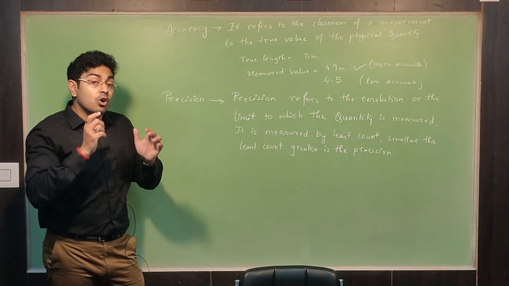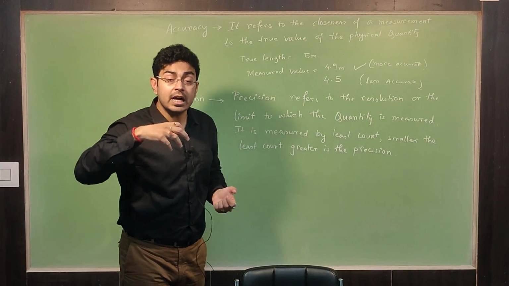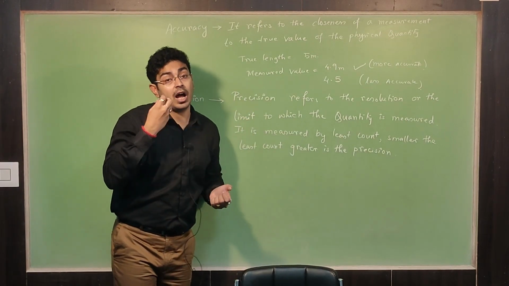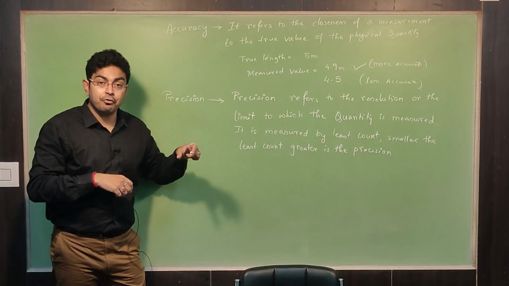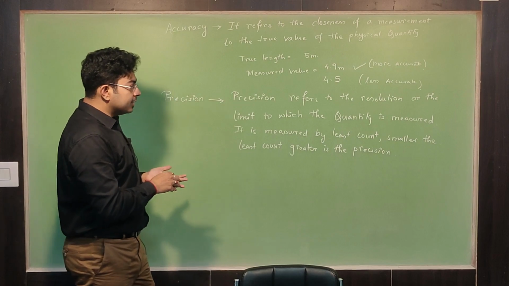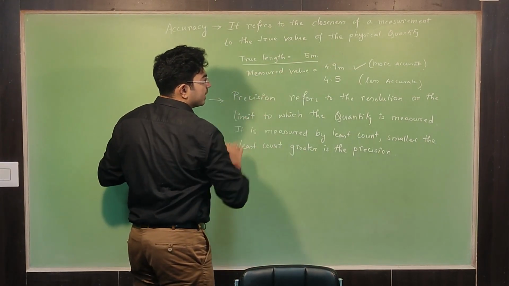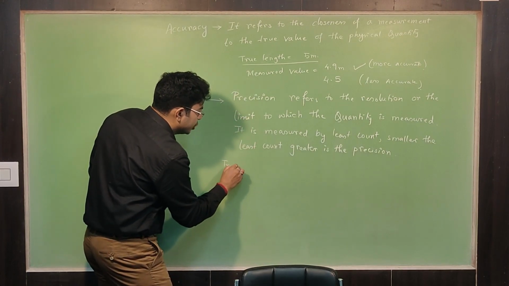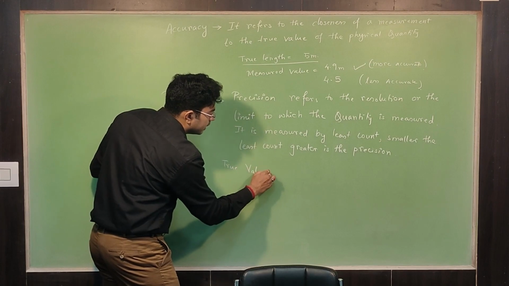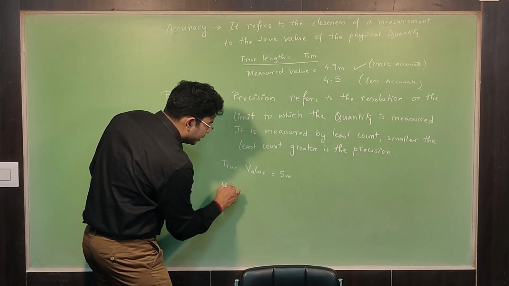That means how much precise the value is. After the decimal point, how many digits or how many places are you actually defining for your measurement. For example, if the true length is 5 meter, the measured values I have given are 4.9 and 4.5 as an example.